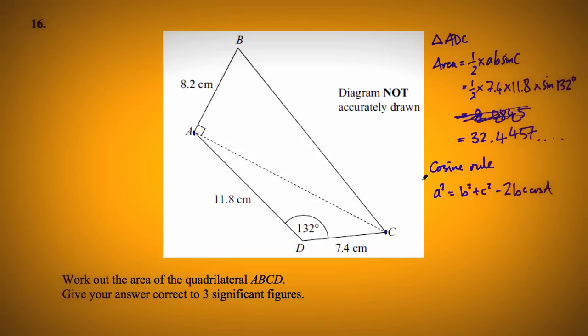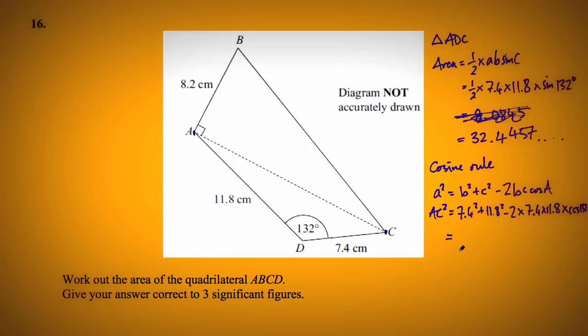So in this case, my a side, the side opposite the angle, is AC. So AC squared equals 7.4 squared plus 11.8 squared minus 2 times 7.4 times 11.8 times by cos 132.